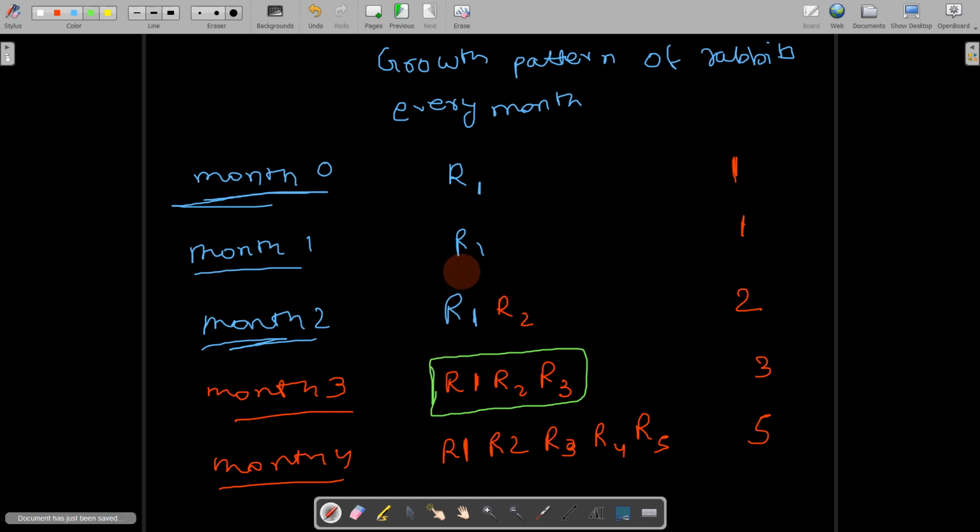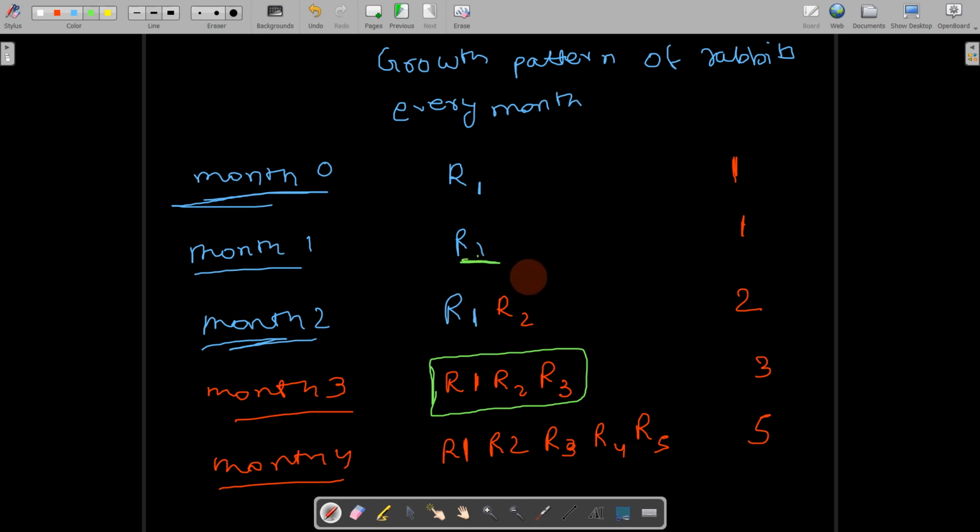Note that the rabbits who were present 2 months before month 3 will definitely be 2 months old at R3, so they will definitely reproduce. So R1 will be added twice.